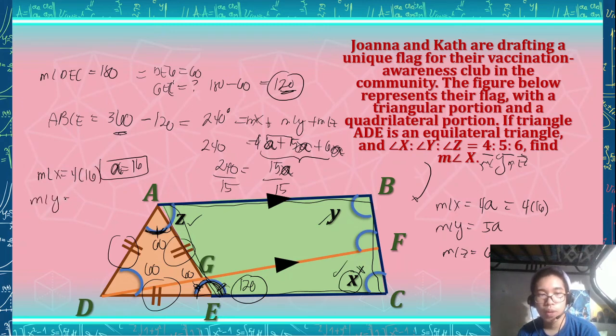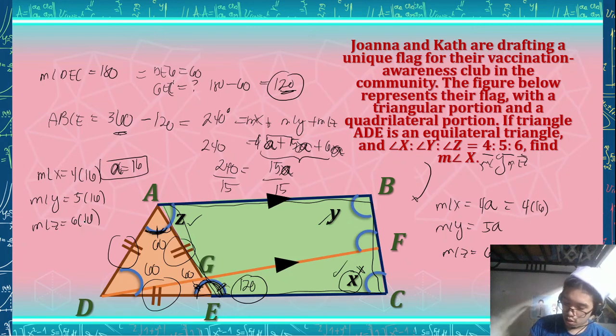Measurement of angle Y is going to be 5 times 16. And the measurement of angle Z is going to be 6 times 16. What's 4 times 16, guys? That should give us 64 degrees. The measurement of angle Y is 5 times 16, which is 80 degrees, and the measurement of angle Z is 6 times 16, which is 96 degrees.